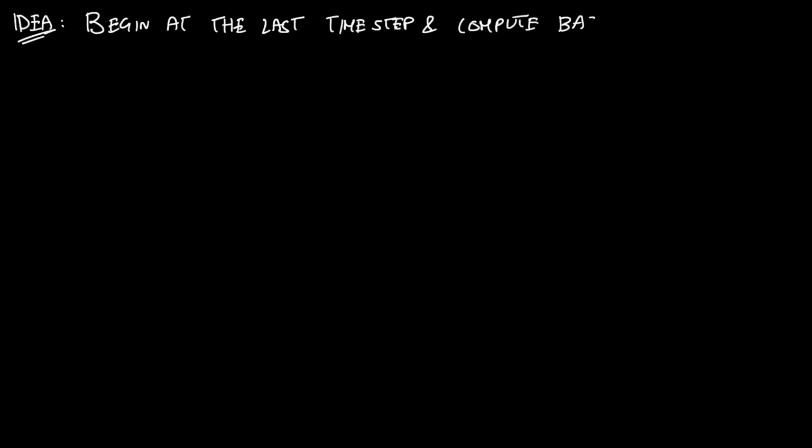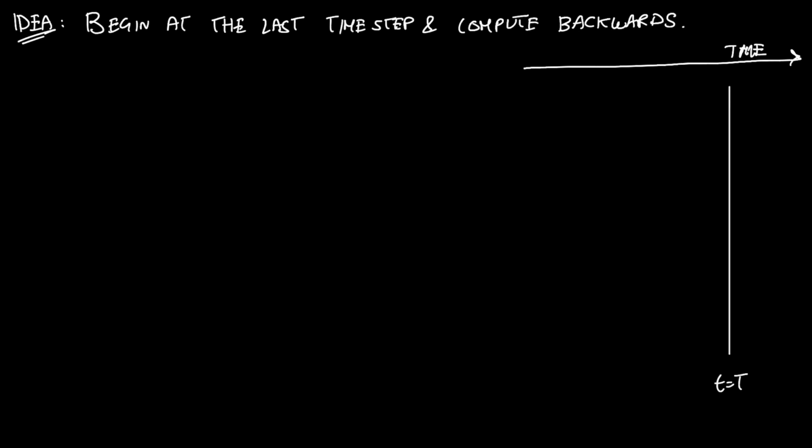Now, the idea is simple. Begin at the last time step and compute the values backwards. Okay, so let's only focus on the last slice of time. For every state at this time t, we have to compute the value for each state.